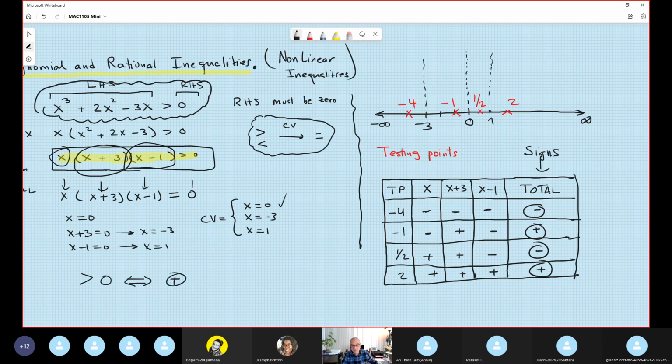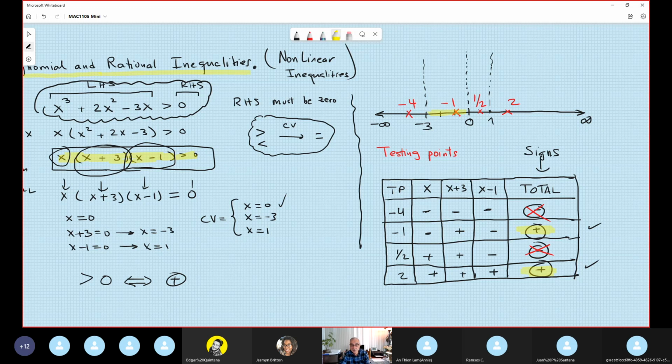But the only testing points that give me a positive sign are this and this. This passes the test. This is true. The other is false. It fails. So the only testing points to pass the test were the testing point -1 and 2.